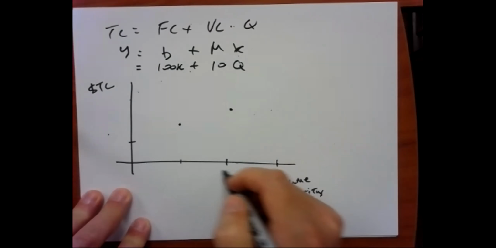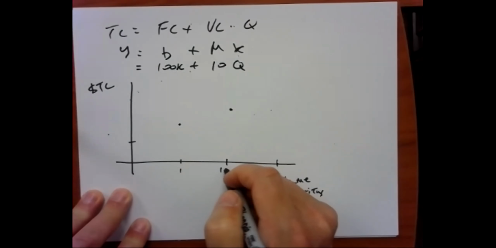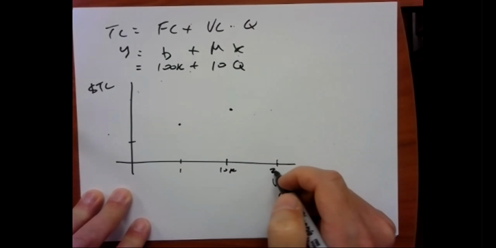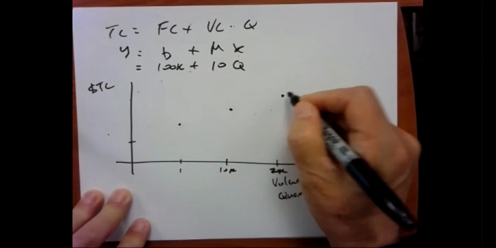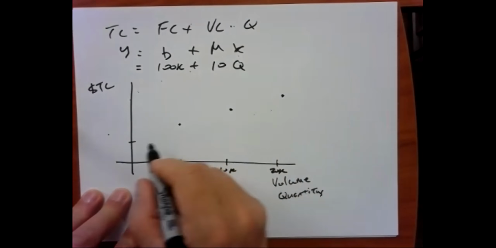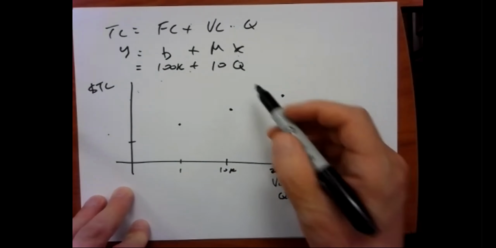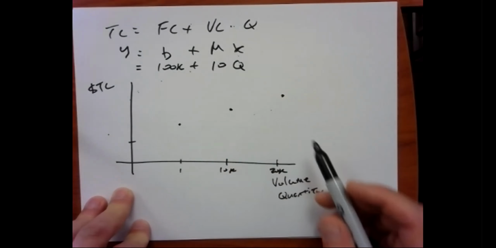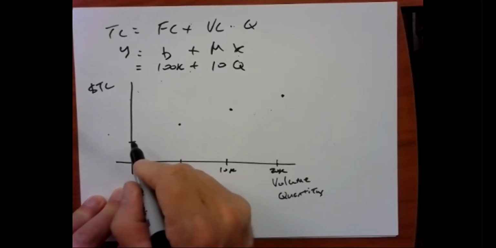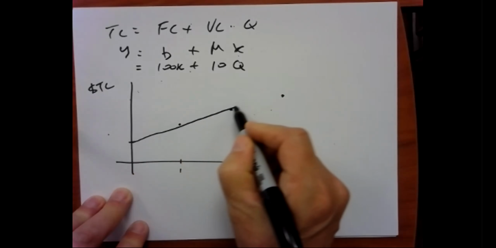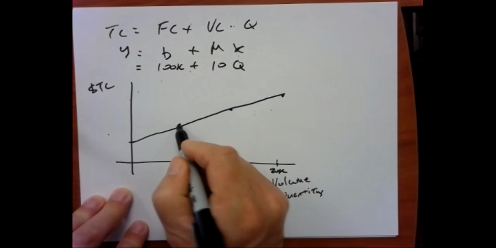At 20,000, I know this isn't proportionate. I now have 20,000 times 10, 200,000 in variable costs, 100,000 in fixed costs for a total of 300,000. So I wind up with a line that looks something like this. I know it's not to scale.